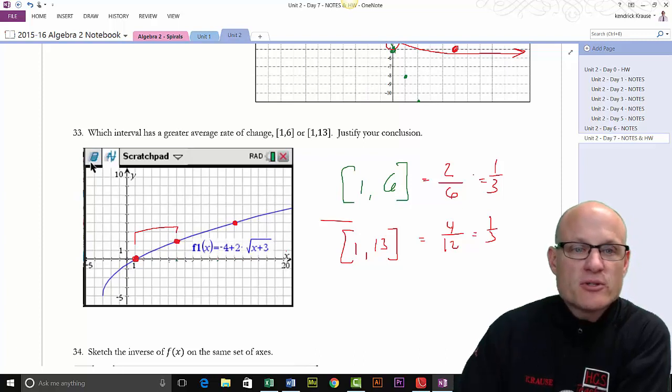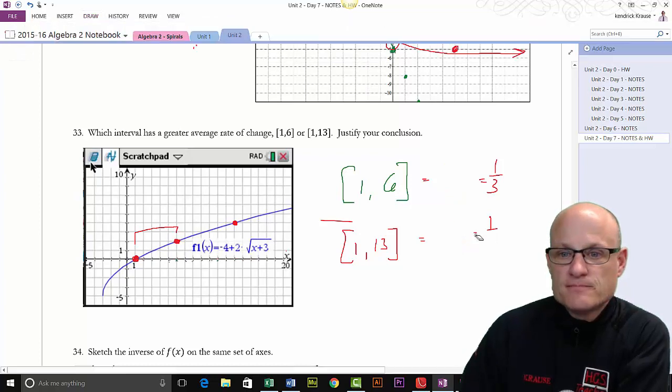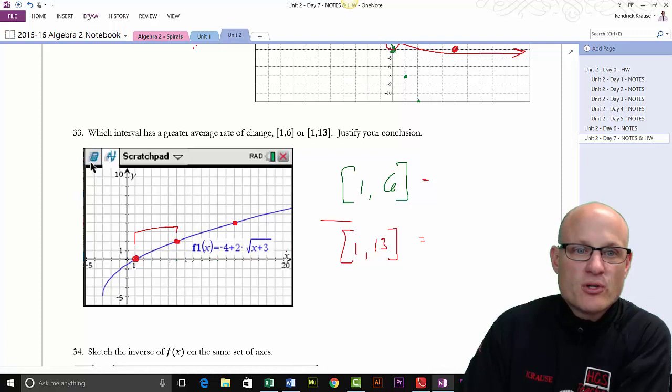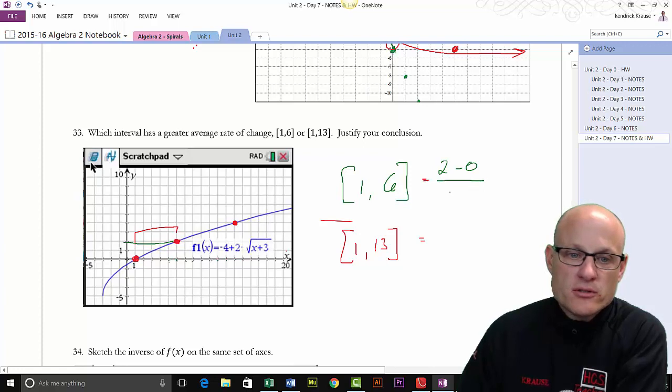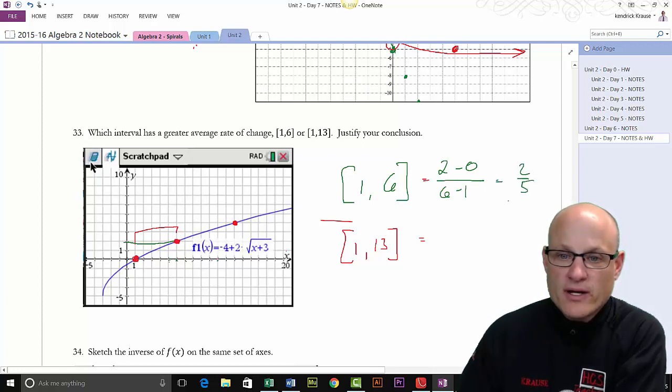Brain fart. This is what happens when you don't show your work. I'll show my work now, so I'll get the right answer this time. So let's draw. So this would be 2 minus 0 all over 6 minus 1, which would be 2 over 5.